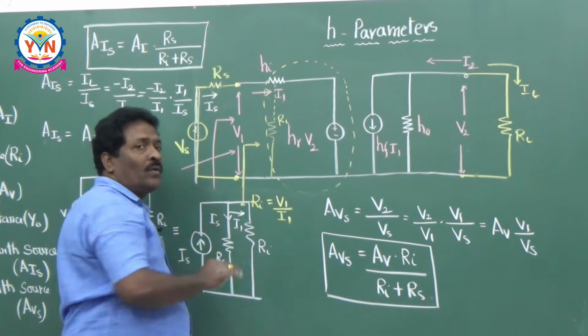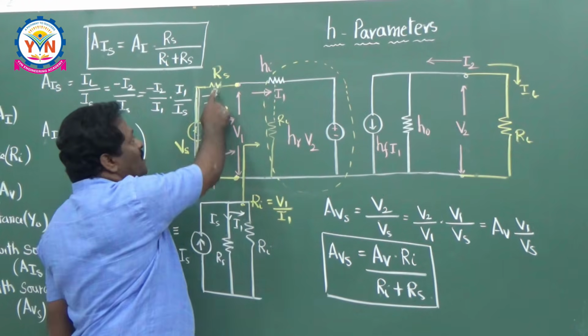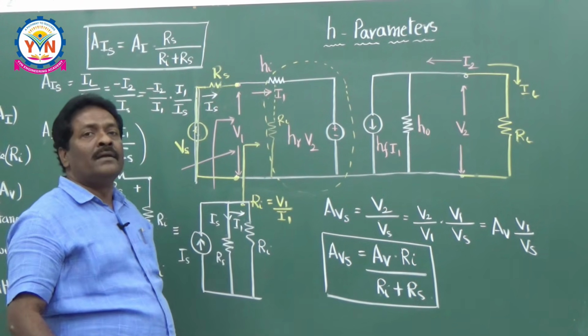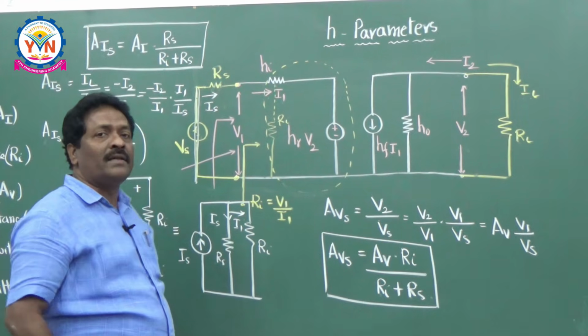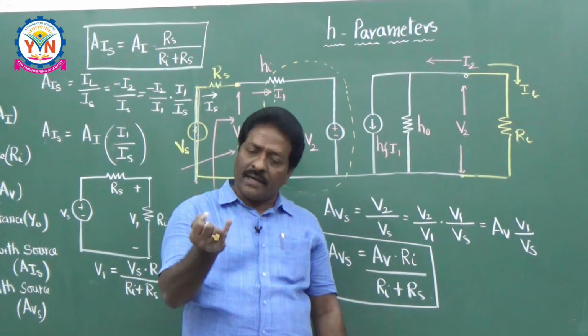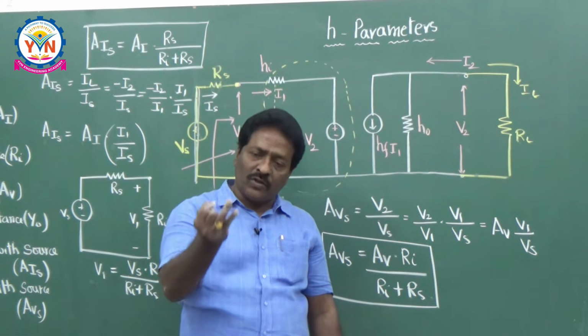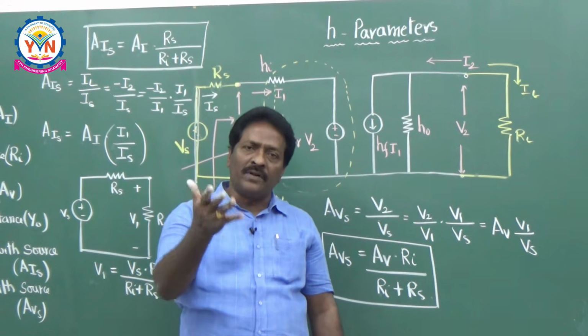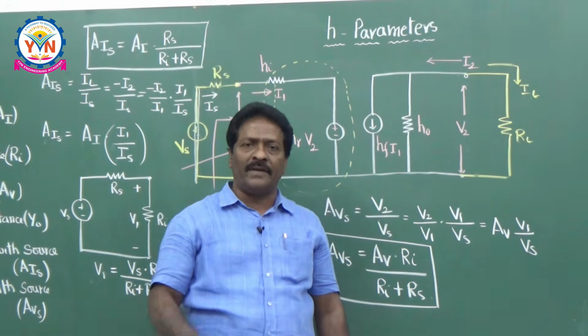What do you mean by the ideal source? Rs must be equal to 0. So this is the way of calculating different types of parameters for our two-port network, that is for our H parameter model: current gain with source, voltage gain with source, input resistance and output admittance.